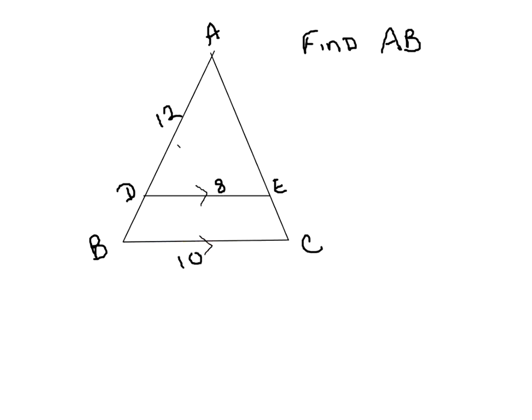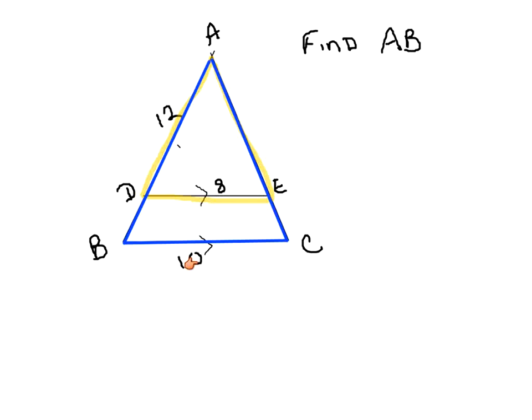For this one, we're going to use the similar triangle. This triangle right here, the yellow triangle, will be similar to the big triangle around the outside, my blue triangle. You're actually using similar triangles for this one, because you don't have the splits on both sides.